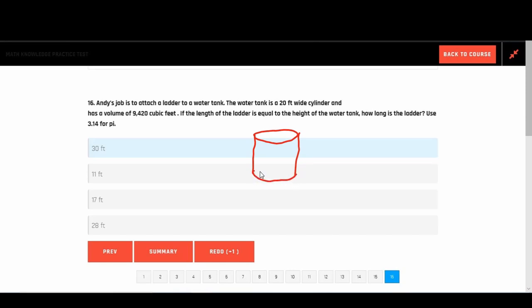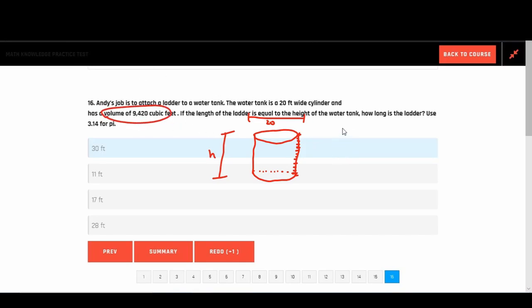There we go. Okay, so we're dealing with a cylinder that's 20 feet wide, and we don't know how tall it is, but we're told that the ladder is basically going to connect to the height of the cylinder. And we also know its volume.